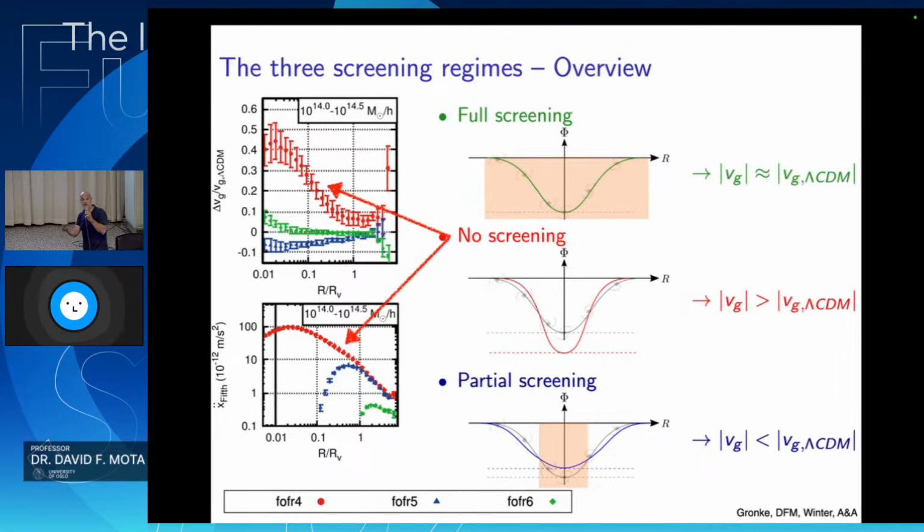So these theories can be ruled out or detected if we have accurate gravitational redshift probes. And then we have this very strange phenomenon where we have a negative gravitational redshift for theories which are partially screened. So we have less redshift than in lambda CDM. And this is quite interesting.